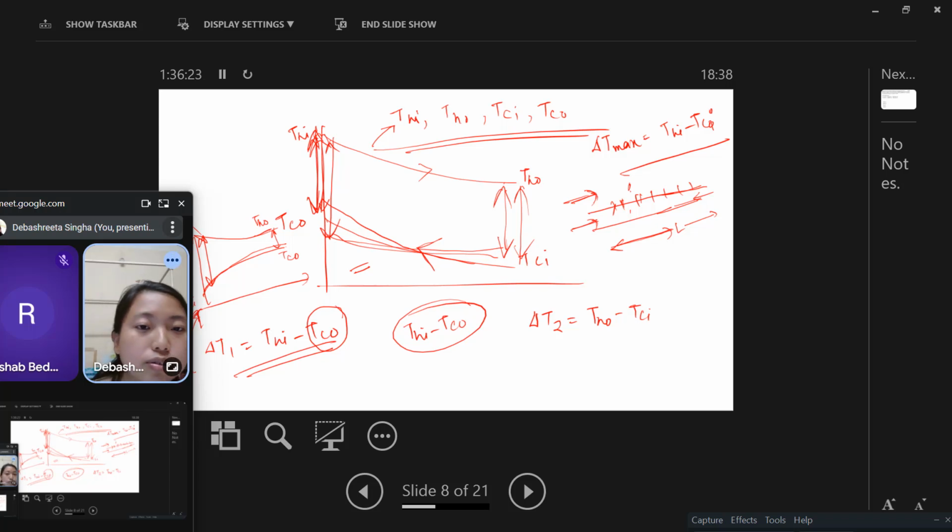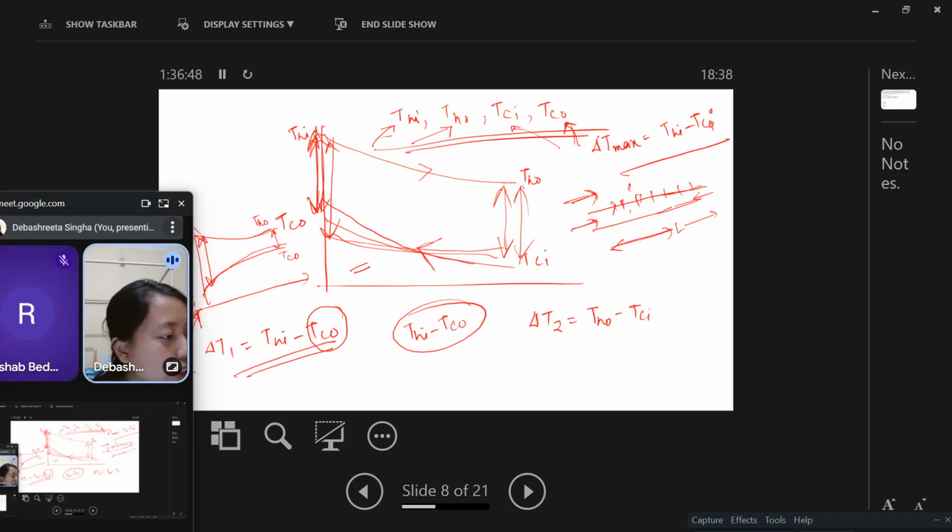The hot fluid will release heat, and then it will reach TH naught. And the cold fluid is the fluid having the low temperature, and it will extract the heat from the hot fluid and reach a temperature of Tc naught.